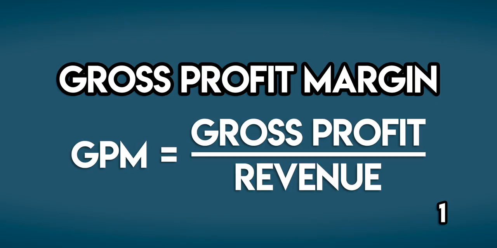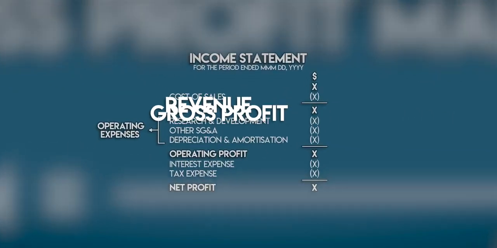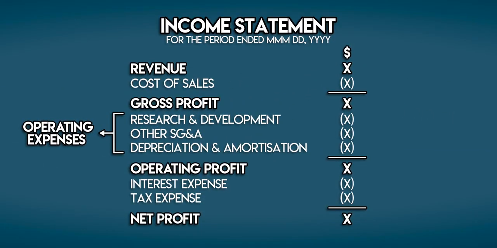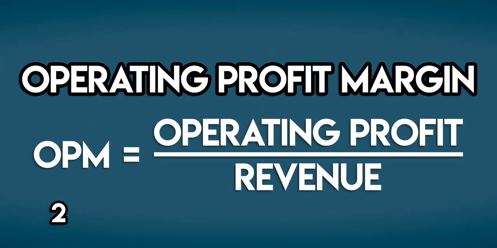Gross profit margin tells us how much gross profit a business is able to generate from each dollar of revenue earned. It's a similar story with the other margin ratios. If we move further down the income statement and subtract operating expenses as well, then we get to operating profit. Operating profit divided by revenue gives us our second financial ratio, operating profit margin.